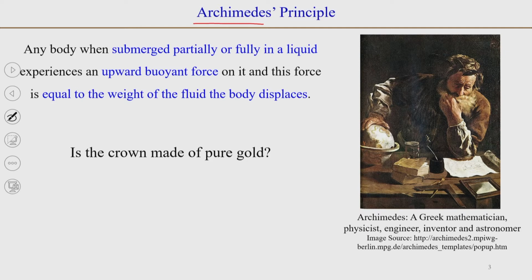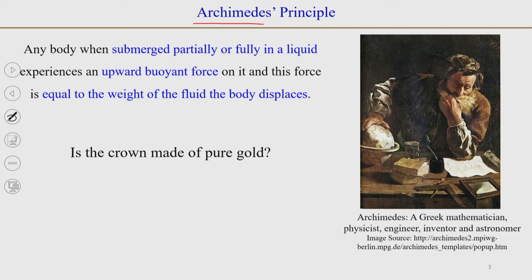He then submerged the crown in the tub and obtained the volume. Okay. So, that is the story, but this work has been published in journals about the buoyancy force. Basically it says that the force on a body submerged in a liquid is equal to the weight of the fluid that the submerged volume of the body displaces.